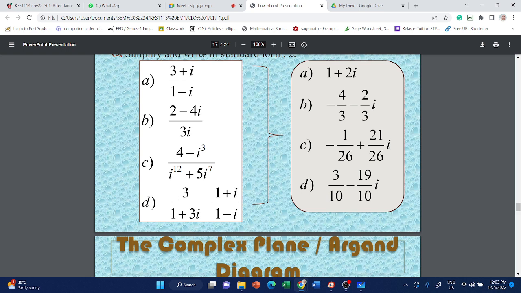Baru you sambung dengan darab dengan conjugate denominator. Okay, kalau macam D ni dia tak boleh proceed terus darab dengan conjugate. You kena gabung dulu, jadikan satu pecahan. Selepas tu barulah you darab dengan conjugate. Okay, boleh jelas? Jelas. So this B nanti you try after this.